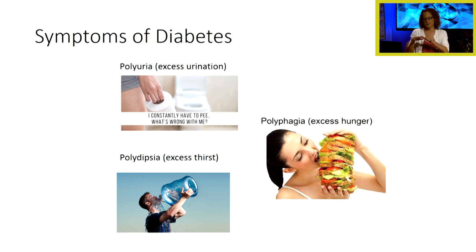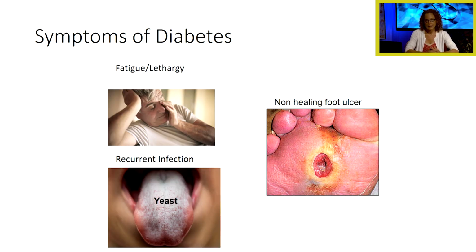Because the insulin is not working as well to unlock the cell. So we've got the 3 P's, right? This is the hallmark, 3 P's: polyuria, polydipsia, and polyphagia, okay? Fatigue and lethargy as a result, and recurrent infections.